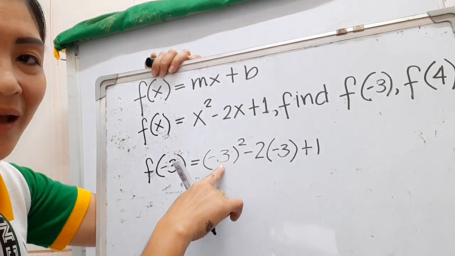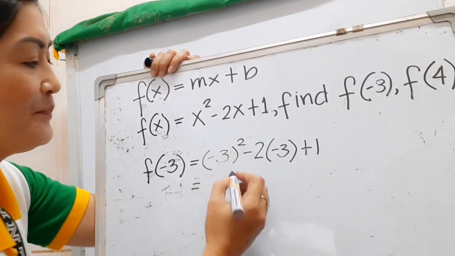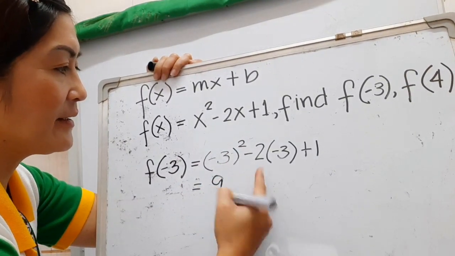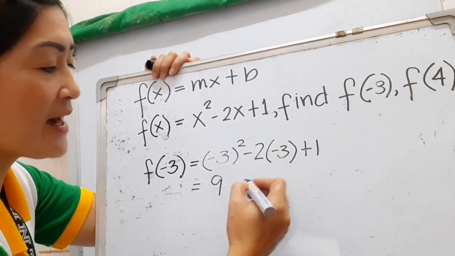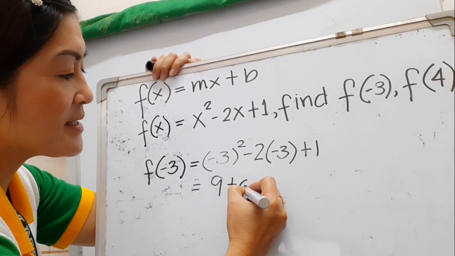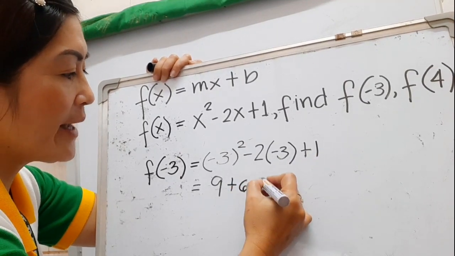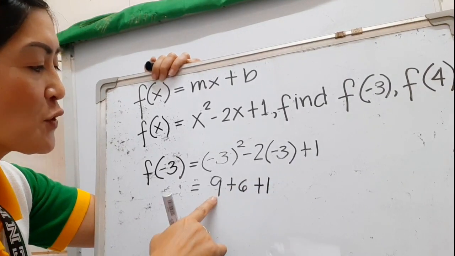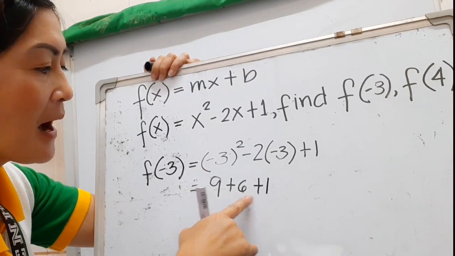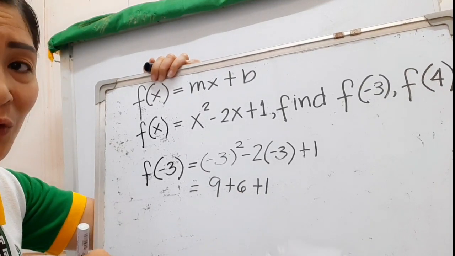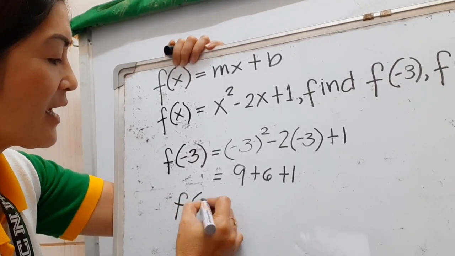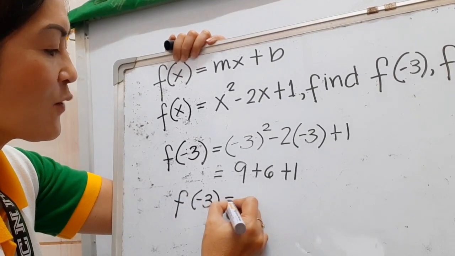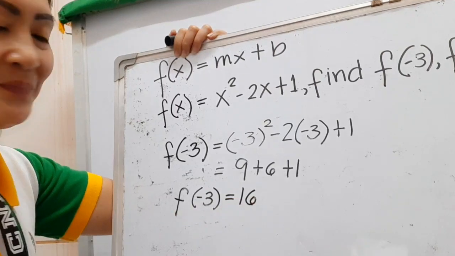Negative 3 times negative 3 will become positive 9. Negative 2 times negative 3 will give us positive 6. Copy 1, so plus 1. So 9 plus 6 plus 1 will give you positive 16. So our f of negative 3 is equal to 16.